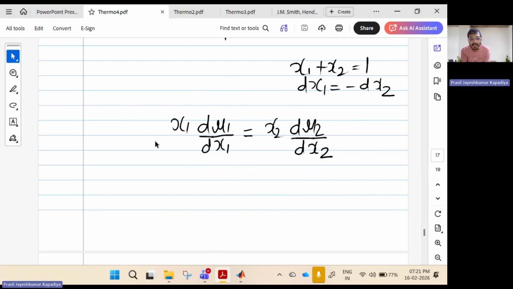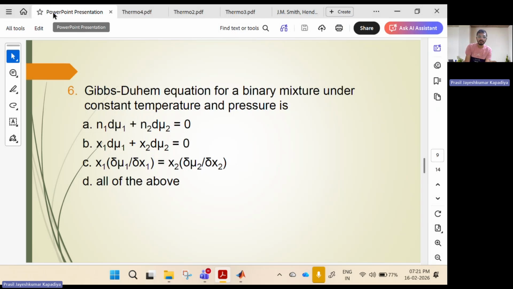So I get x1 d mu 1 by dx1 equal to x2 d mu 2 by dx2. So this is what my Gibbs-Duhem equation says in three different ways. First is n1 d mu 1 plus n2 d mu 2 equal to 0. Second, x1 d mu 1 plus x2 d mu 2 equal to 0. And third, x1 del mu 1 by del x1 equal to x2 del mu 2 by del x2. So all of these three options are correct.